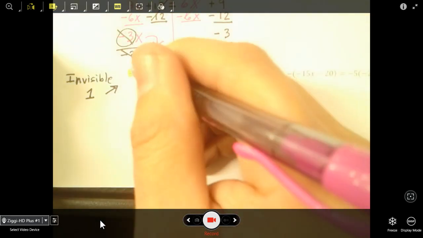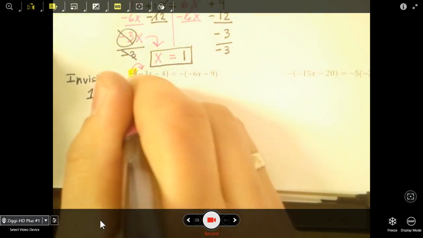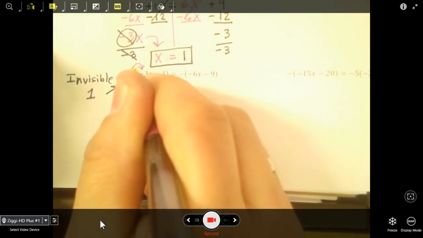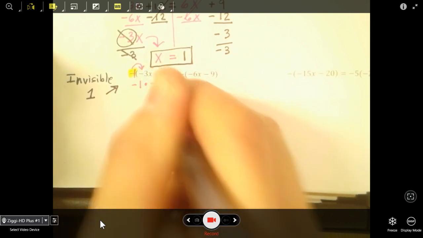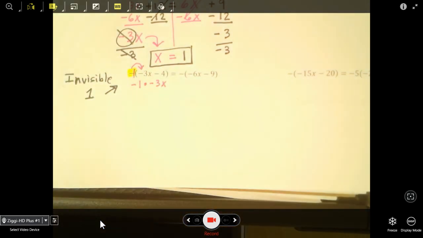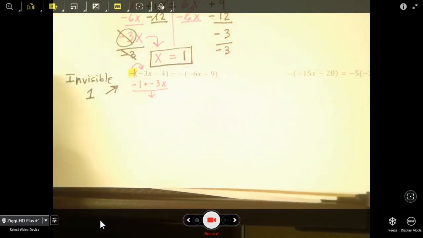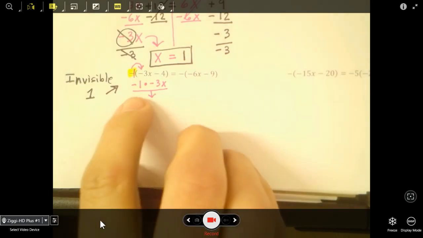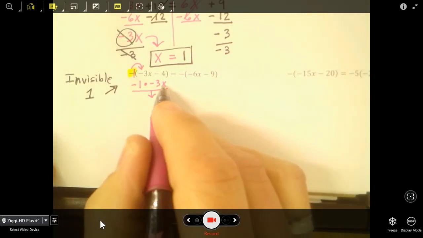So I'm going to take that negative 1 and multiply it to negative 3x. In other words, I have negative 1 times negative 3x. Now, when I get the answer to this, I'm just going to write it down here at the bottom. I'm not necessarily multiplying it to the x.